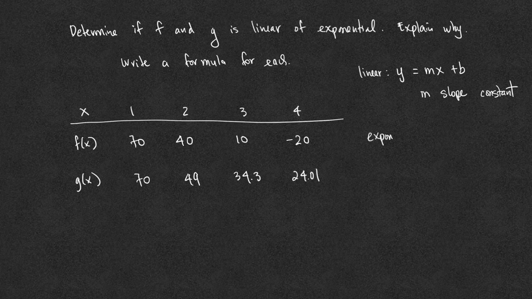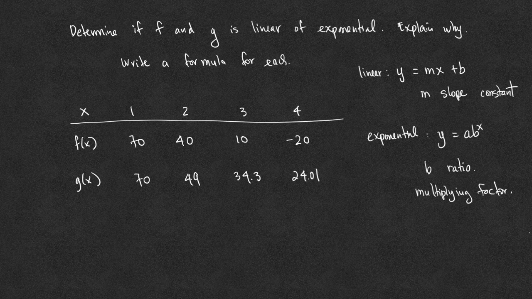An exponential function is a function of the form y equals ab to the x, where a is the initial value and b is the same ratio each time. B is also known as the multiplying factor.